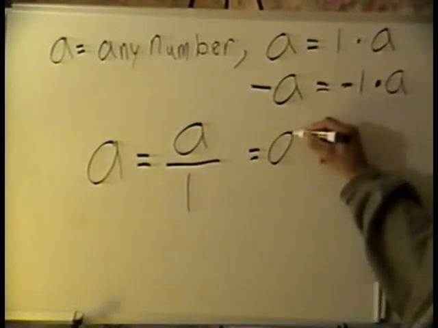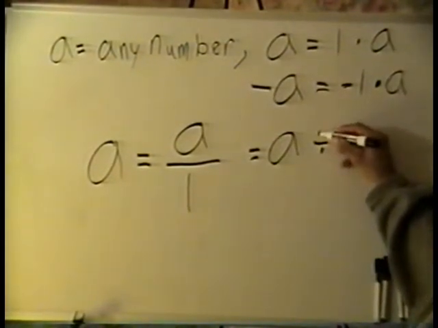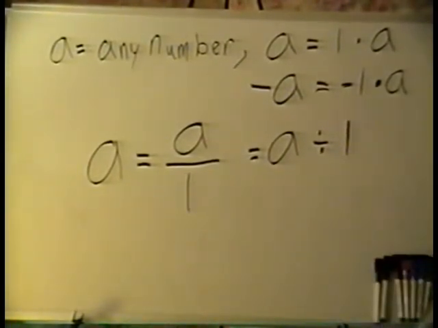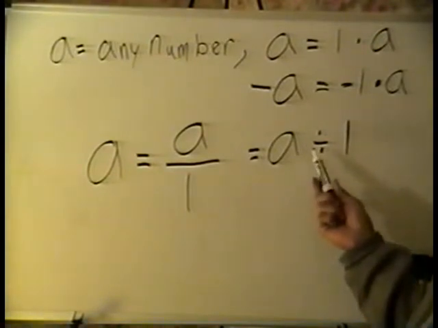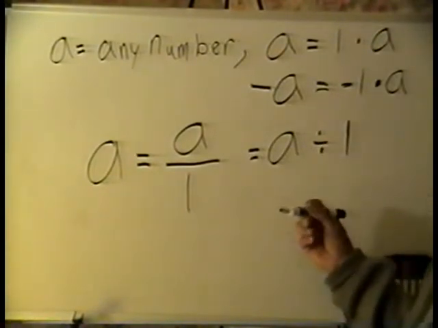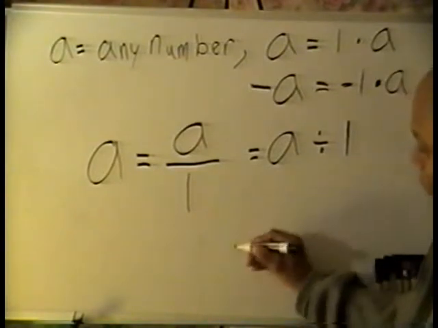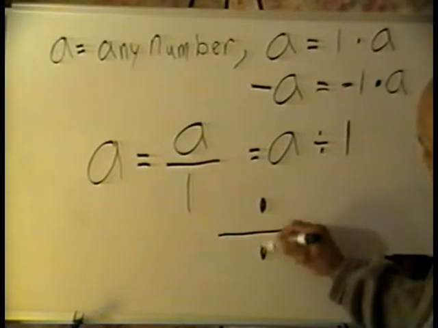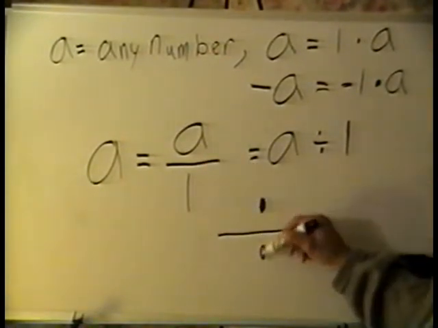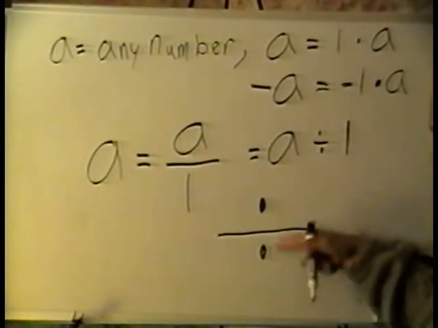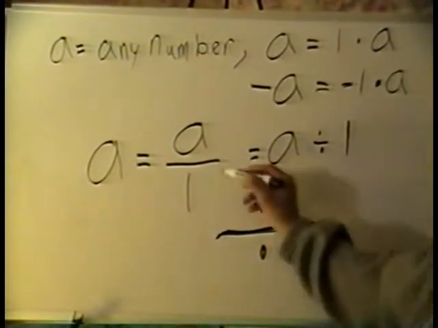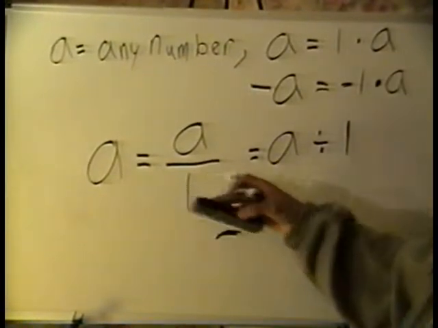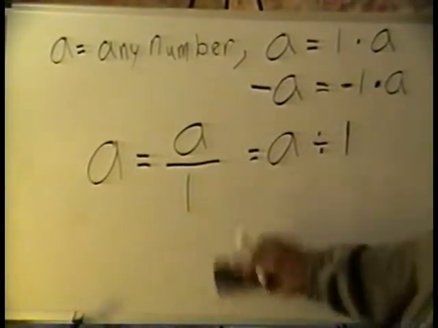That simply means A divided by 1. But I don't usually use this division symbol, because it's really just the same thing as a fraction. These 2 dots represent numbers that you will put there, and this is the dividing bar. This is more simple to work with.